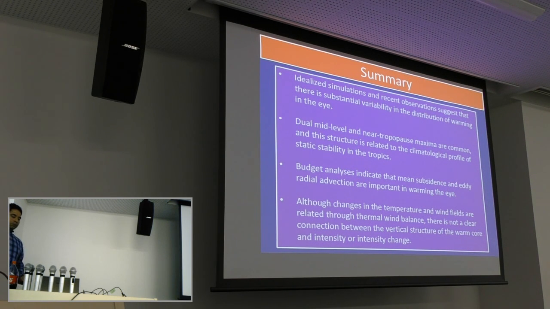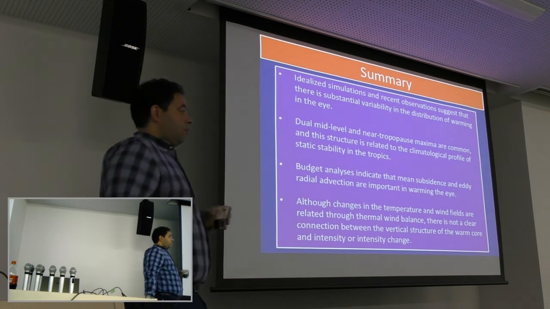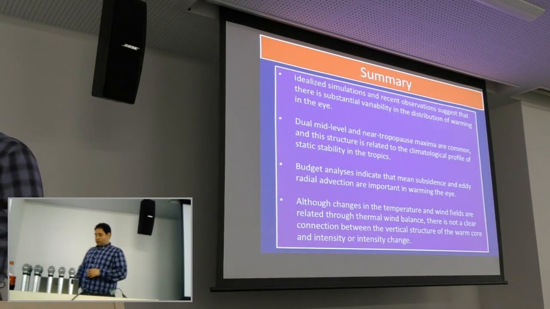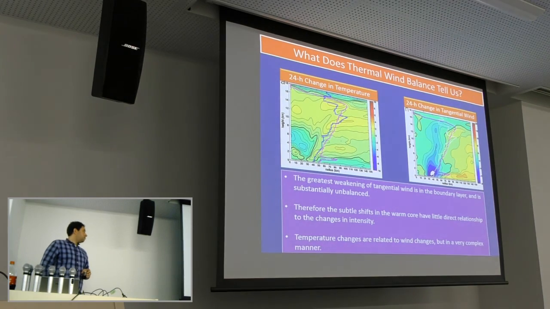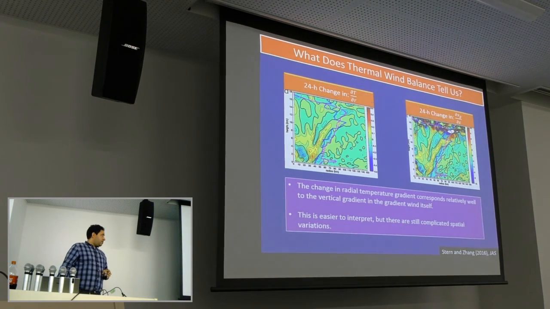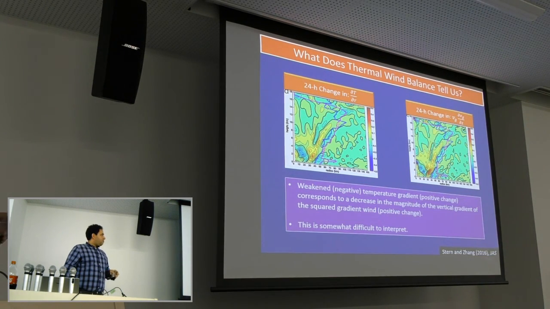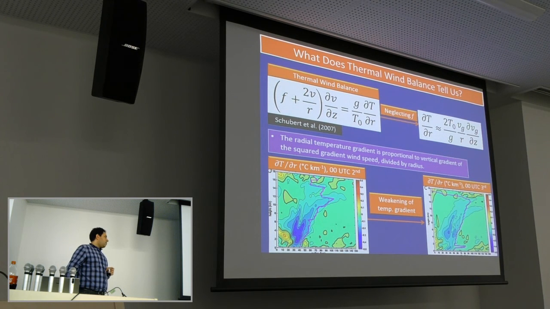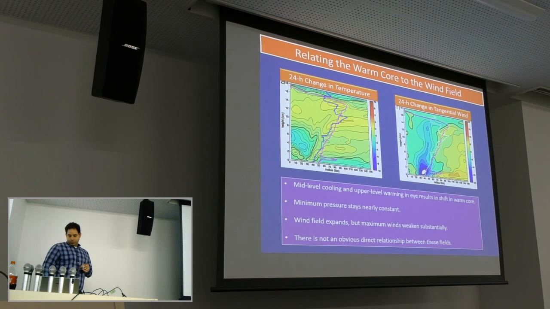Thank you. I'm just wondering why the central pressure can be constant while the maximum wind speed rapidly changes. Because of the pressure-wind relationship, there's variation.